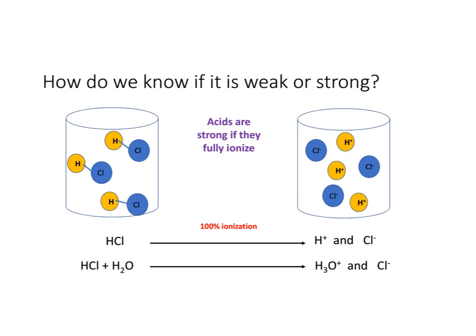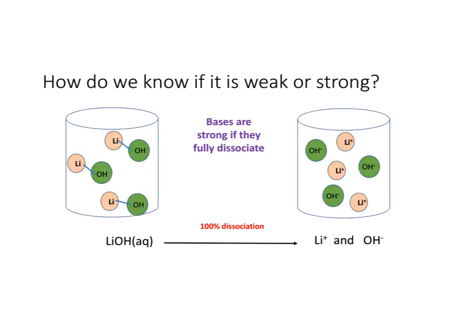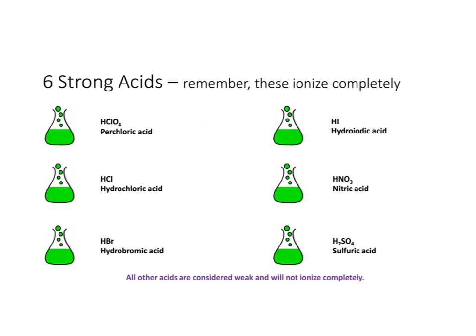All of the hydrochloric acid will react with water to produce hydronium. Similarly, we can define a strong base as something that will fully dissociate into its ions, hydroxide ion and its cations. The example here is lithium hydroxide fully dissociating into lithium ion and hydroxide ion.